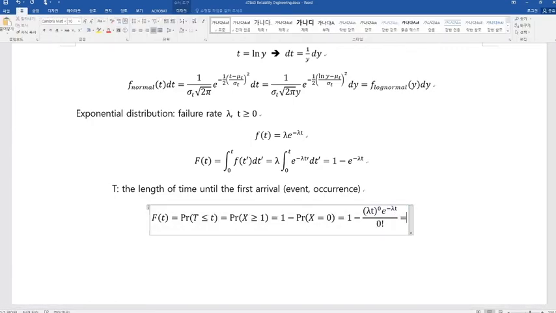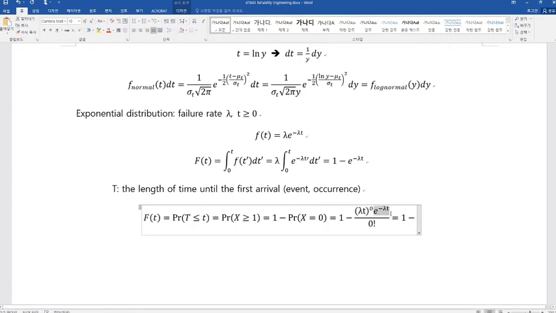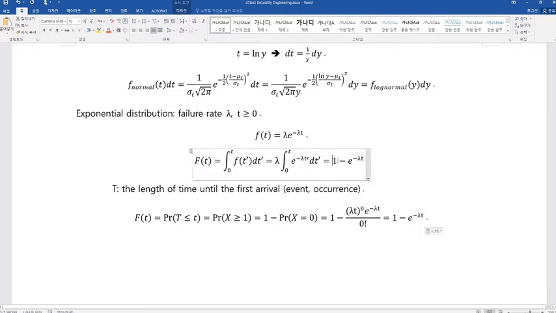So 0 factorial, factorial 0 is defined as 1. Lambda t to the power 0 will be the same as 1. So this will be the same as 1 minus exponential minus lambda t. That is equivalent to the CDF of the exponential function.